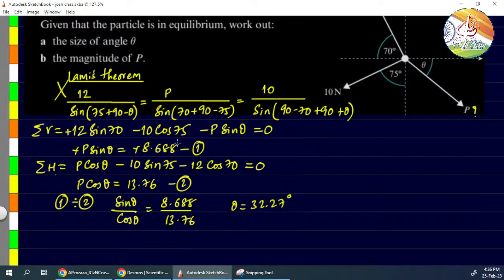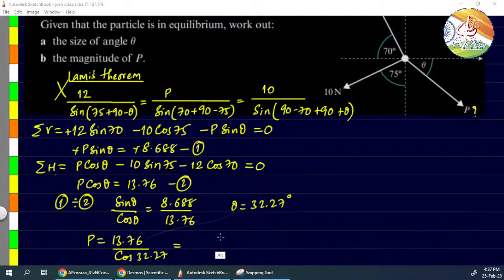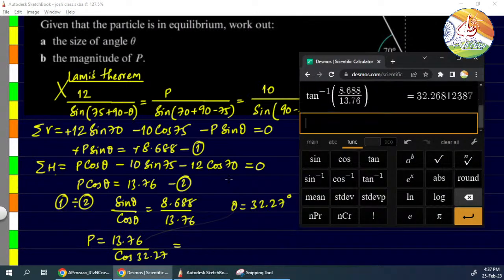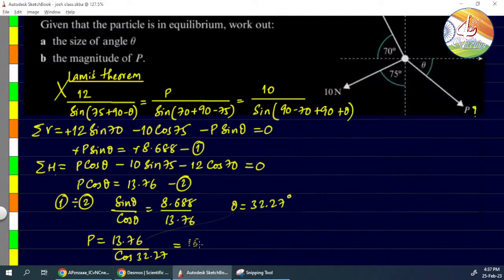Now if we substitute the angle into one of these equations, we will get the value of P. Let's say the second equation: P will be 13.76 divided by cos of 32.27. So we substituted it here. What do we get? 13.76 divided by cos 32.27 is 16.27.